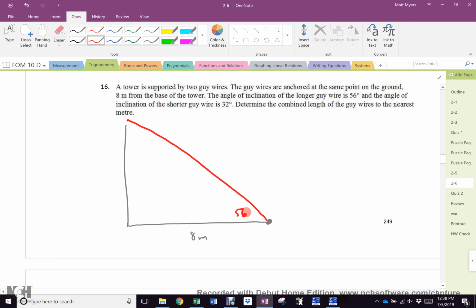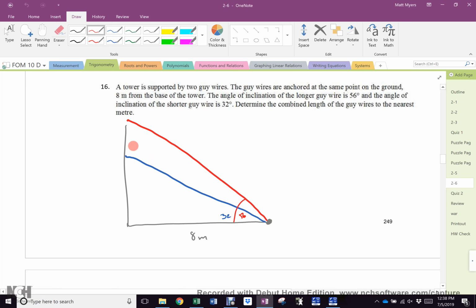Right? The shorter one is 32. Now, if that's 32 and that's 56, that's what it looks like in real life, doesn't it? Everyone agree? 2 wires from the same point up to the tower.